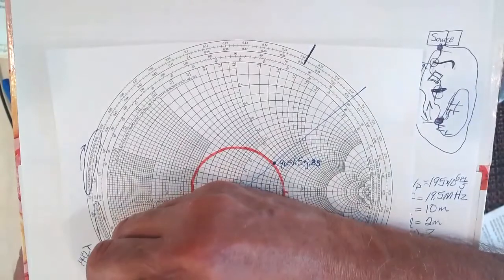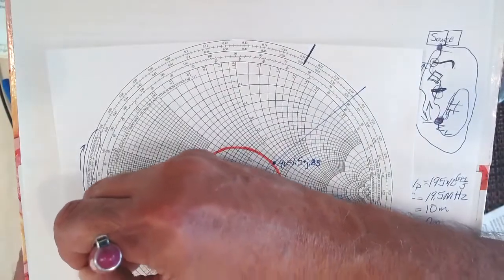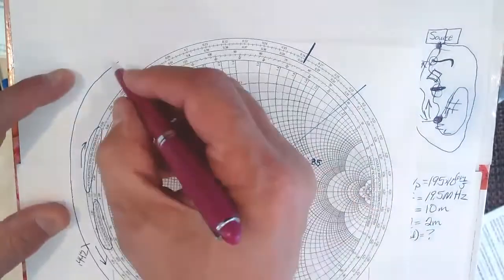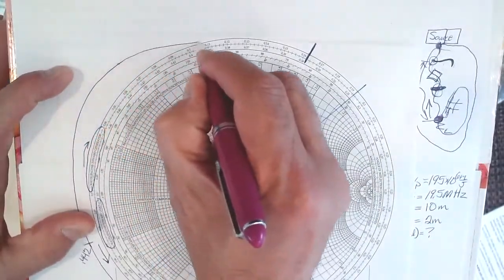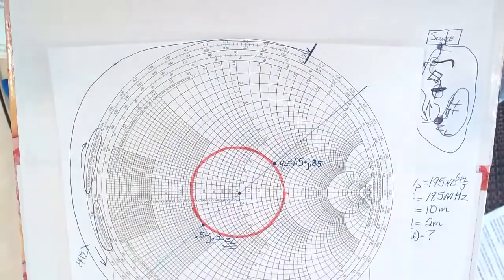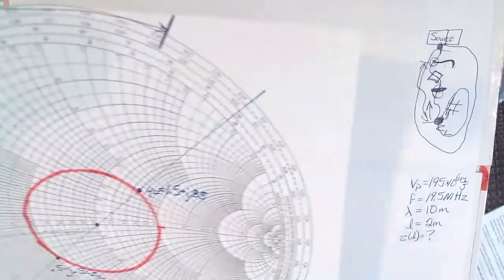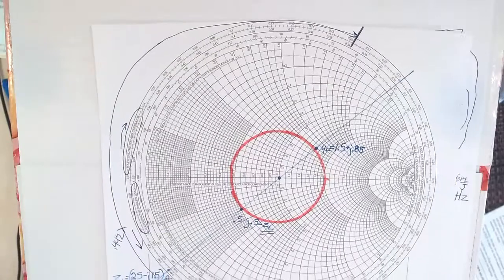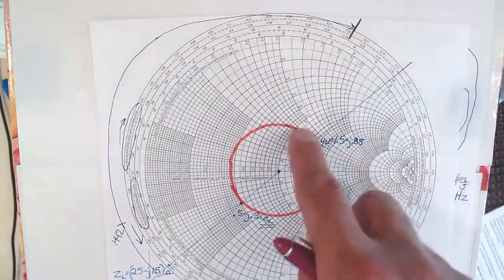So this is what I've done. In that extra 2 meters, I have actually added on to the wavelength this much. That, by the way, is still only 0.2 of a wavelength, isn't it? And it brought me all the way back down to here.